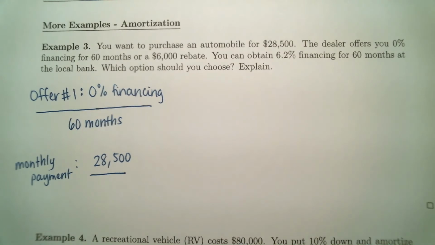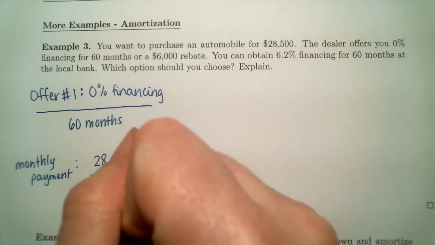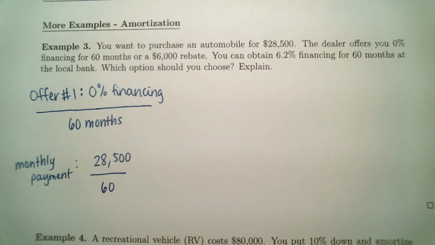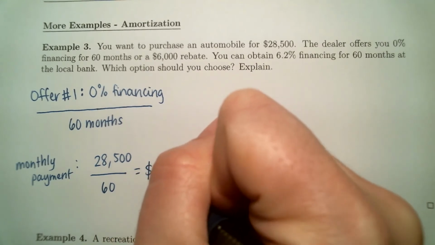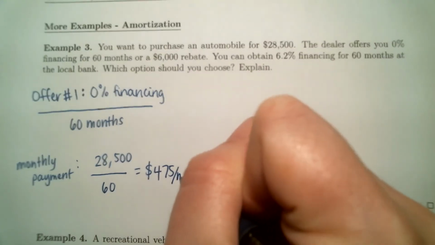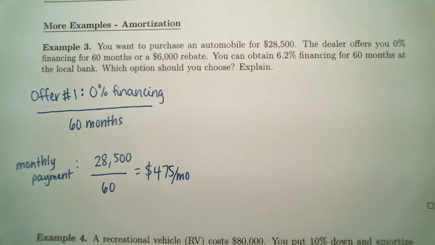You're making monthly payments and this financing is for 60 months, so you would divide by 60. I'll plug this into the calculator: $28,500 divided by 60. So your monthly payment would be $475 per month if you went the 0% financing route.